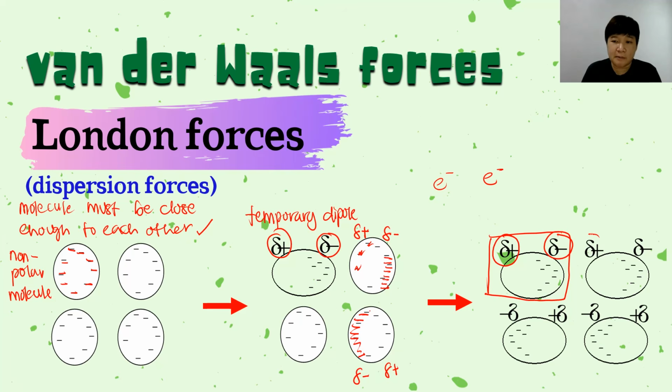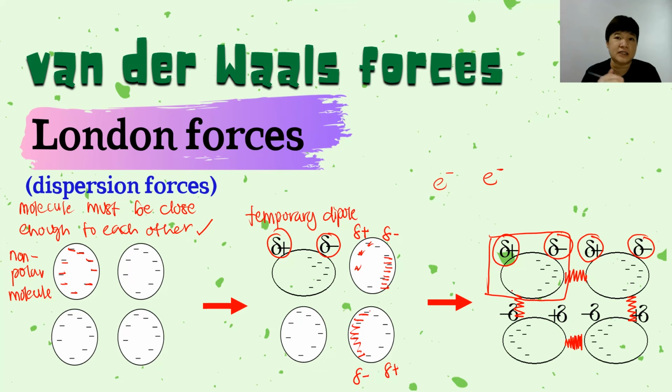When you form a temporarily positive and temporarily partially negative end, you form London forces, or what we call dispersion forces. These forces form in a temporary dipole condition where the molecules must be close enough to each other. Simple. That is what we call London forces or dispersion forces.